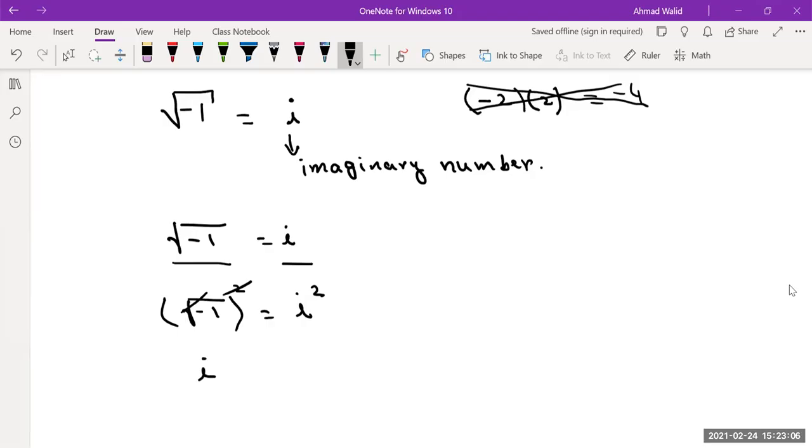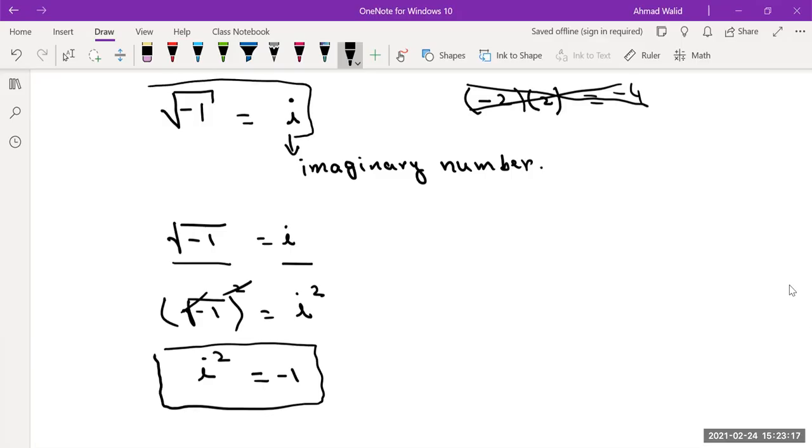Then I can write i squared as negative 1. Remember these two. These two are the basis of dealing with complex numbers or imaginary numbers. The square root of negative 1, we name it i, and i squared always gives you negative 1.